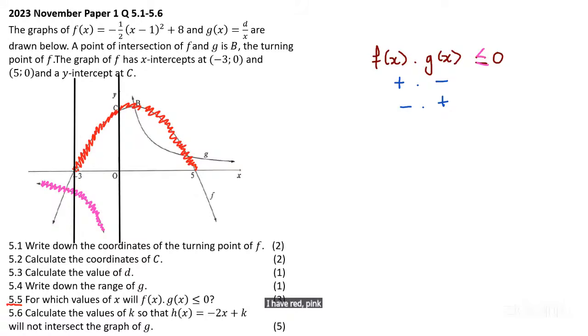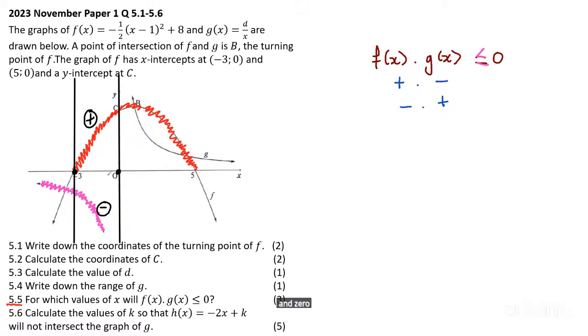Because this portion from there to there, red is positive above the x-axis. But from here, it's negative below the x-axis. So positive, negative, pink, red is between -3 and 0.